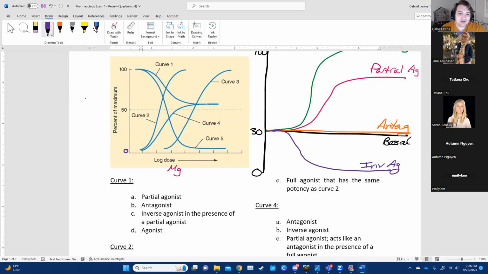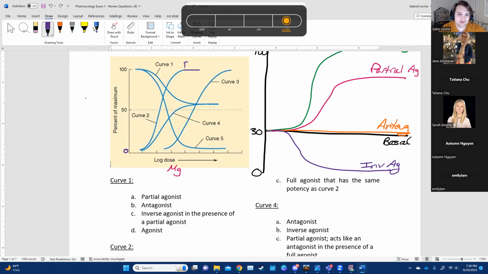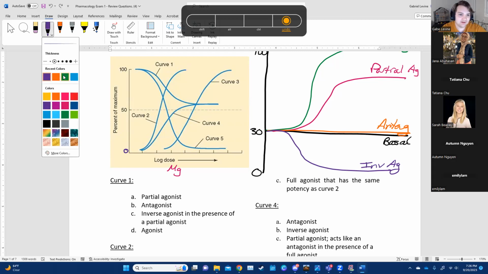So when we compare this with another curve that is going from the same origin point to a partial amount of that point, we can say that this curve is probably referring to a full agonist. And I'm just going to use consistent coloring.